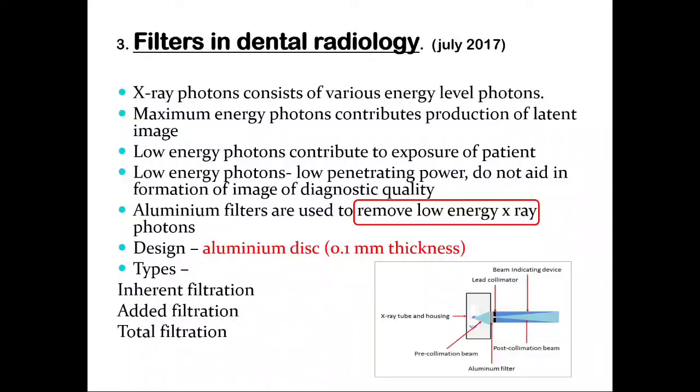And then you have the added filters, that is the aluminium filters that have been added with a thickness of 0.1 mm, and the total filtration is nothing other than the combination of both the inherent as well as the added filters. So the main mechanism of filters is nothing other than to remove all the low energy photons which have low penetrating potential, so they can compromise the image quality. So that is why the filters are utilized.